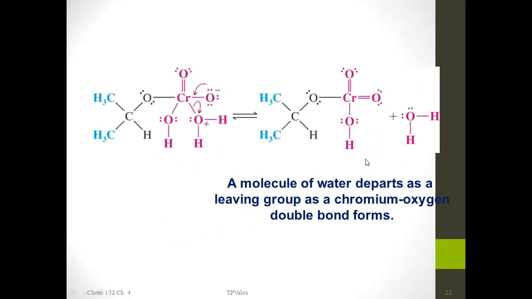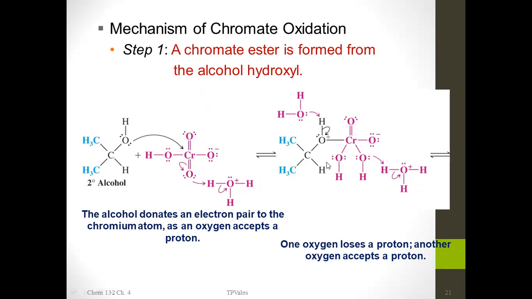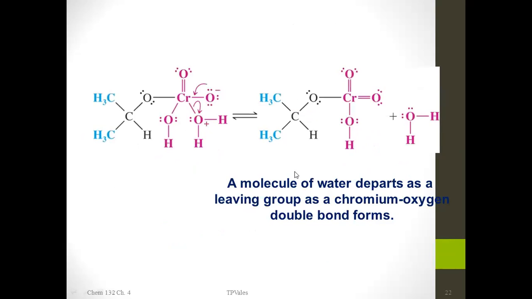You get this one. Once you get your protonated alcohol, you do the resonance structure here. You get a protonated OH. This can be a good leaving group. So once it leaves, this one will form a double bond here.